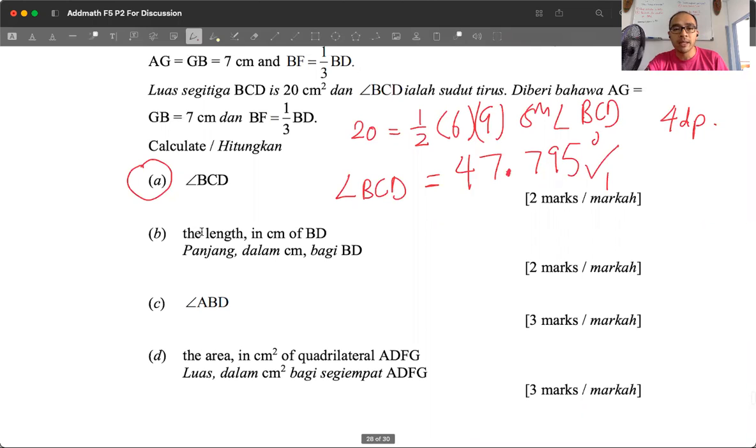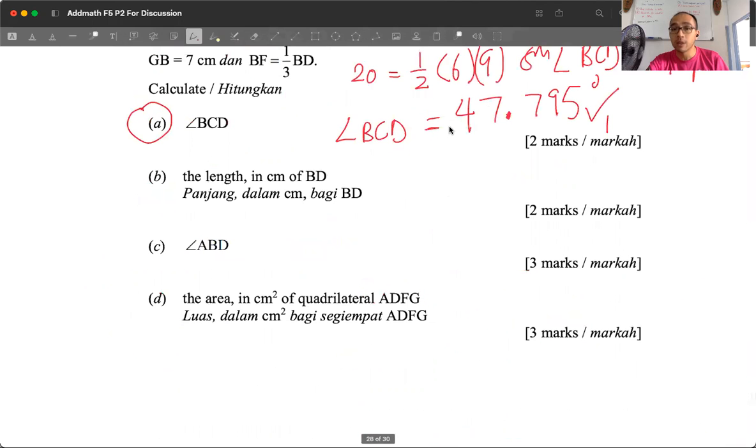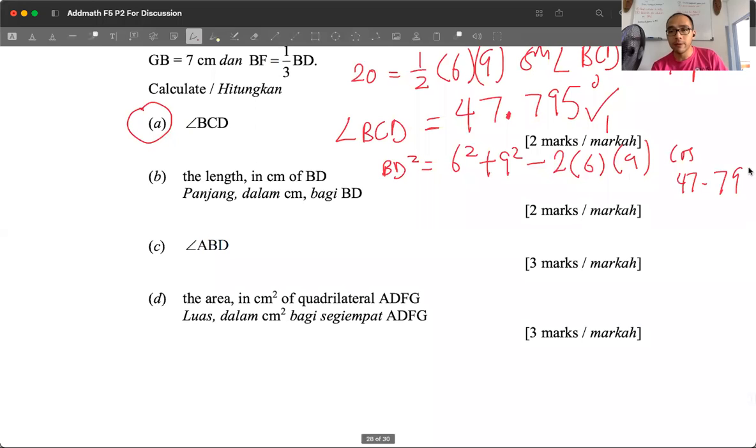Okay, but the length of BD in cm, so you want to find this, you have 2 sides and the angle already here. Okay, so it makes sense to use the cosine formula. Okay, so BD squared equals 6 squared plus 9 squared minus 2, 6 and 9, then cos 47.795.